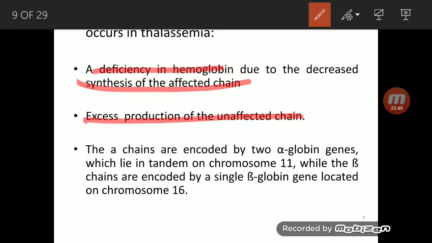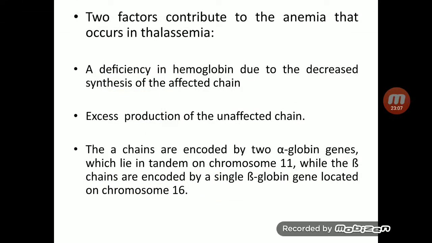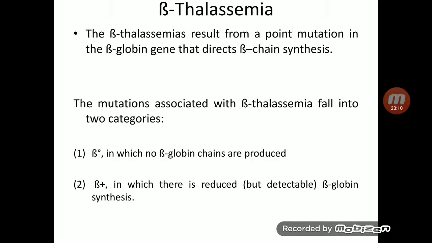Again your genes are encoded by, I already told you, 2 alpha globin chain, which lies in your chromosome 11, while beta is encoded by a single gene located in chromosome 16, which I've already told you. So thalassemia can affect either your beta globin chain or your alpha globin chain.